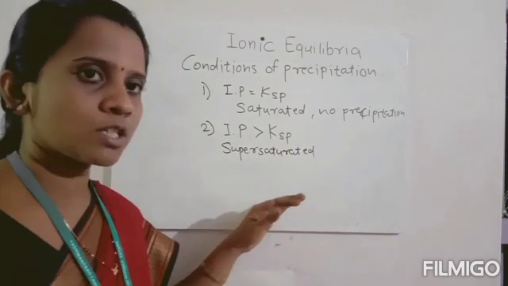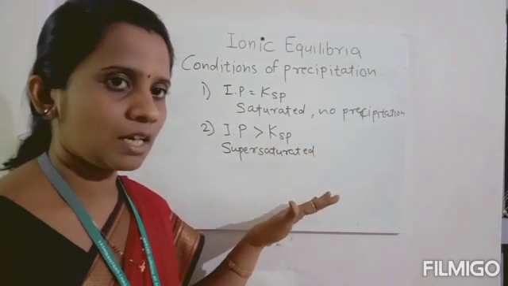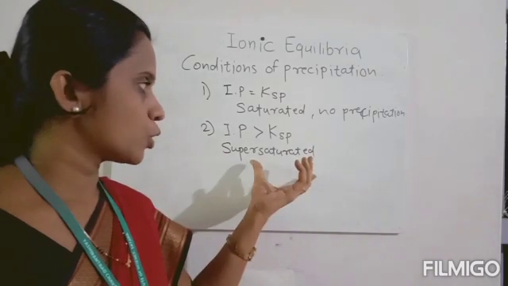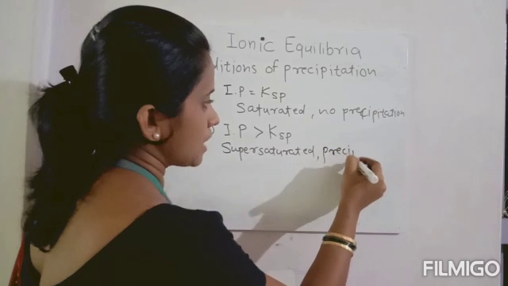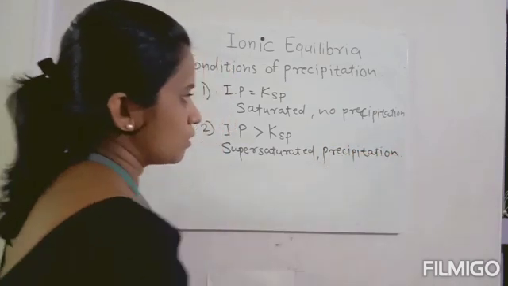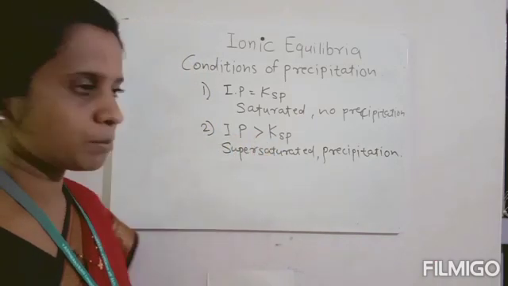And when the solution is supersaturated, the solubility decreases and that solution will get precipitated. So when the solution is supersaturated, precipitation takes place. So what is the condition? Ionic product is greater than solubility product.